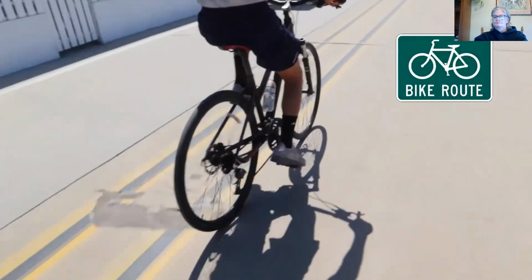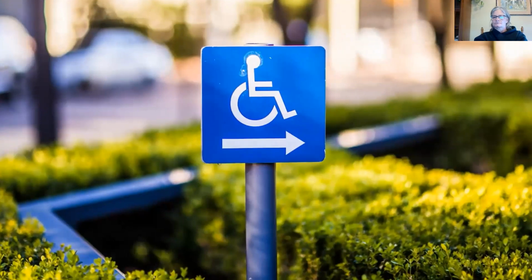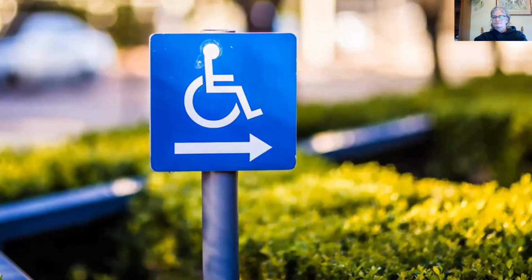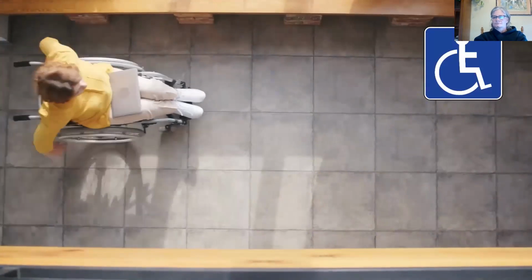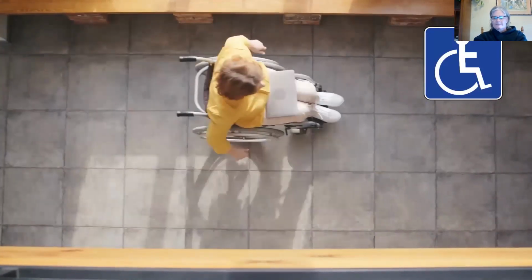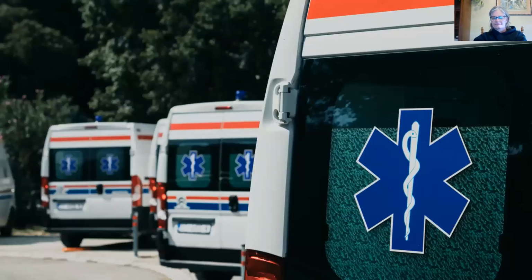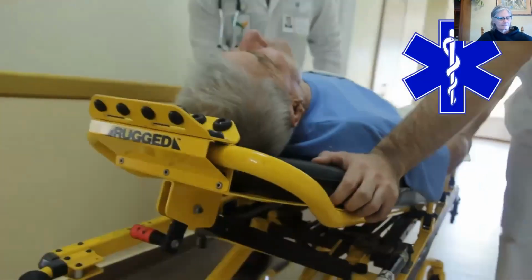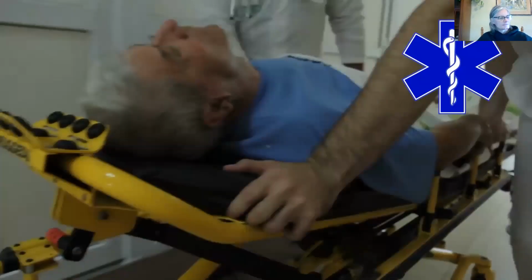Bicycles can use this lane to ride in. Handicap sign. Follow this sign to find an easier way to get in a building or to handicap accessible bathrooms. EMS. This sign is on specific vehicles that will take you to the hospital in an emergency.